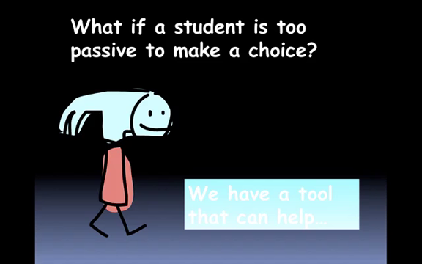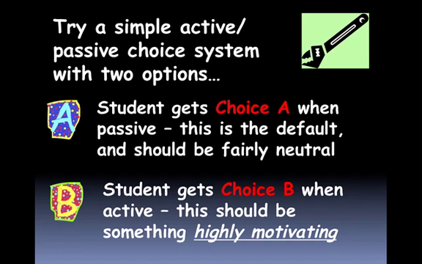So, what if a student is too passive to make choices? We do have a tool that can help you. It's an active-passive choice system with 2 options. This is a real simple process because some kids won't respond whenever you give them choices. So in an active-passive choice system, choice A would be kind of a neutral choice, like a laundry scoop, something they really don't care whether they get or not.